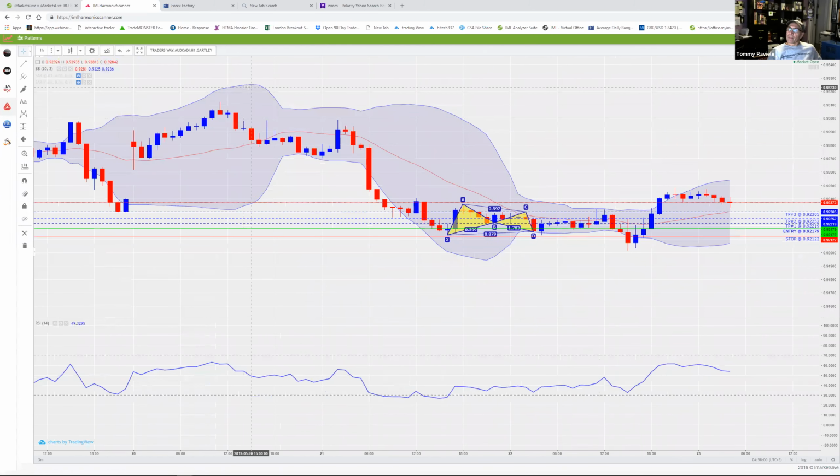So this blue line is the average of all the highs of these candles. Right? And so if you look at these numbers, that's the opening price of a candle. This is the high of the candle, the low of the candle, and the close of a candle.